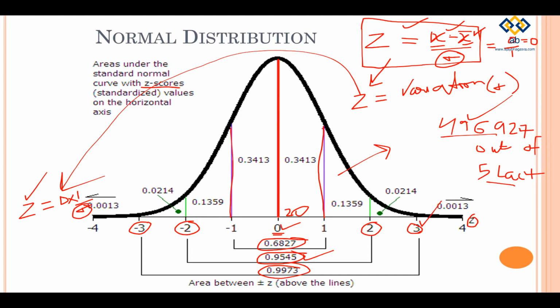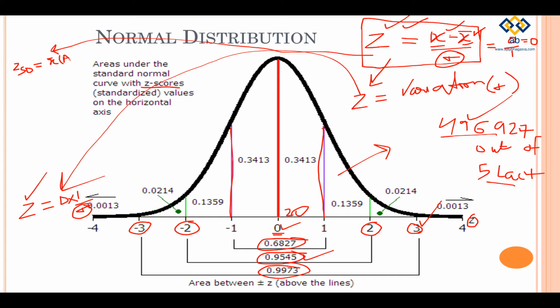Now, in continuation to this, can we get a value of z for sampling distribution? Now this is the value of z for a normal population, so let us do it for the sampling distribution. So z for sampling distribution, which is SD, it will be, this is important, x here is x bar. Why x bar? Because we have written x bar as a1 here, right? So I am writing a1.